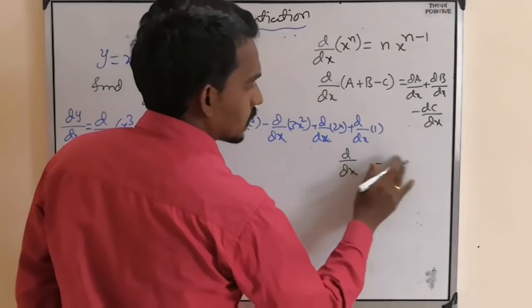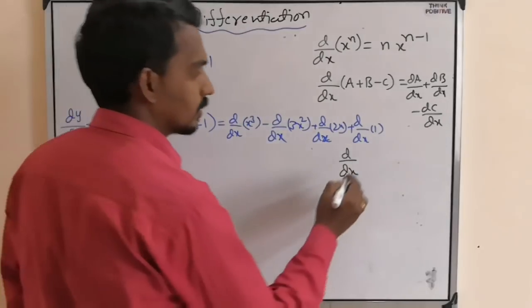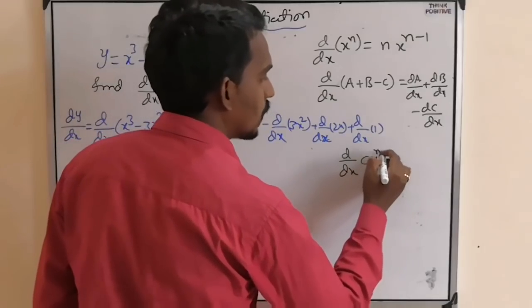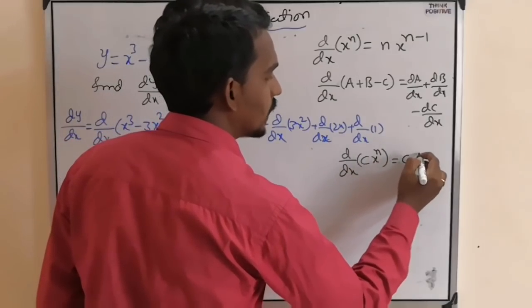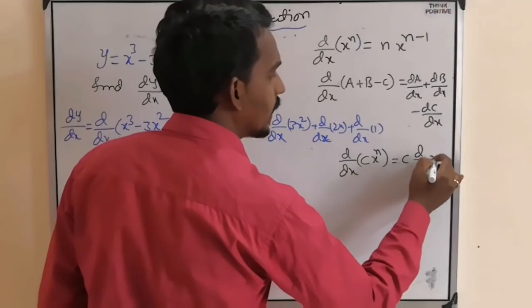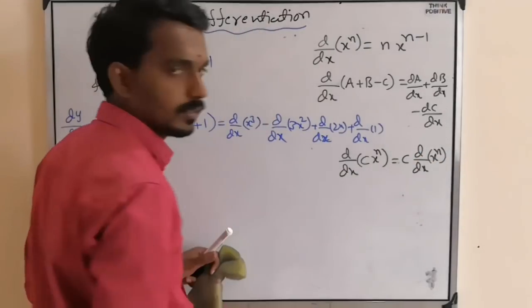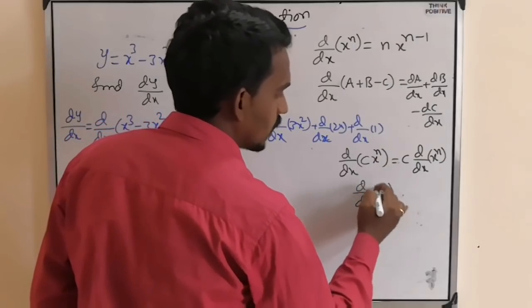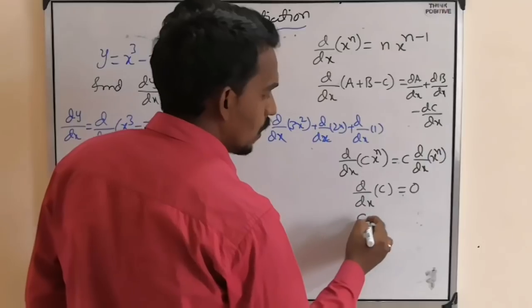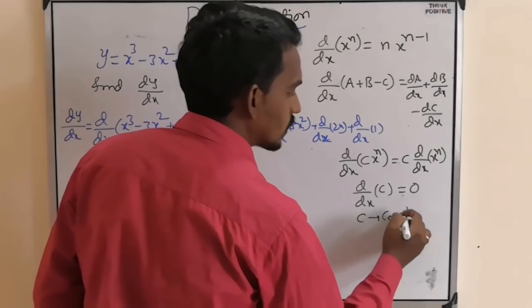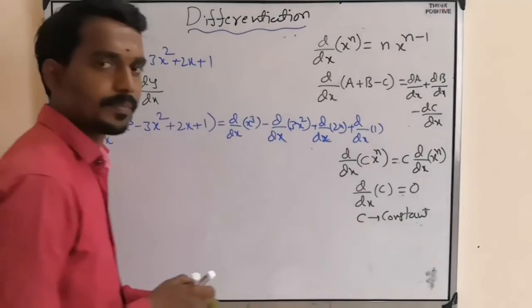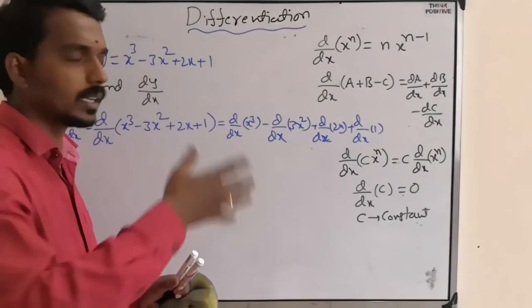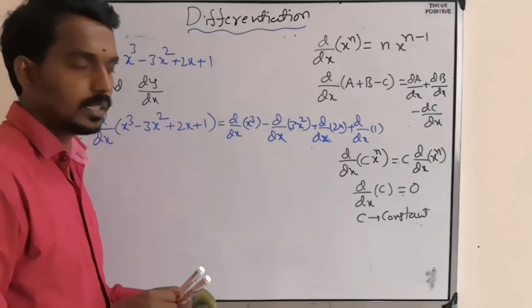Then after this, d by dx of c x power n equal to c into d by dx of x power n, or d by dx of c equal to 0, where c is constant, nothing but a number, plus 2 or minus 3 or minus 10, 100, something, a number.